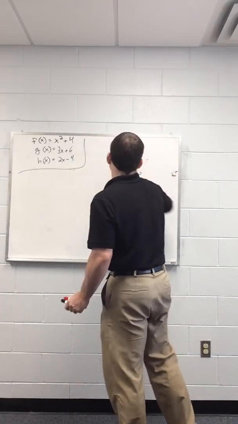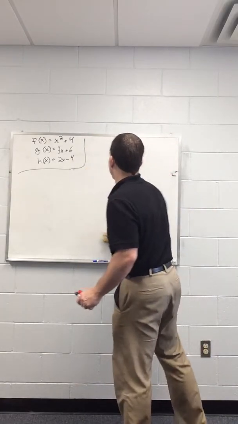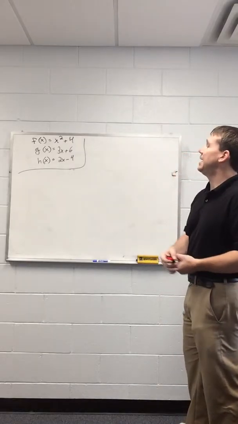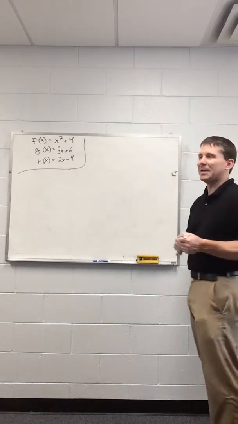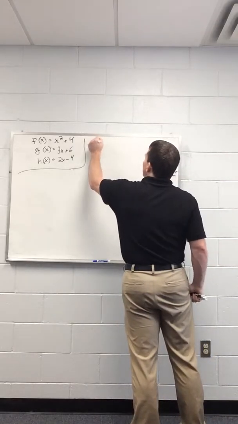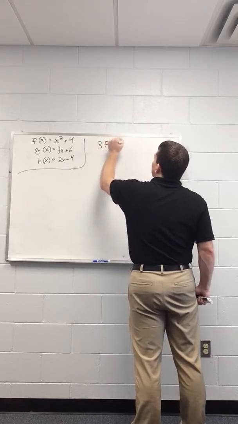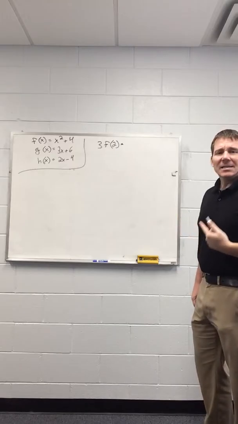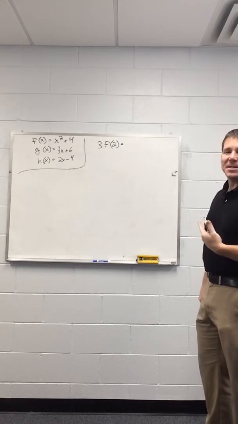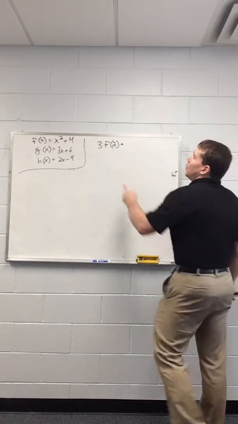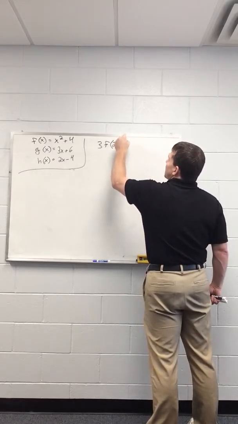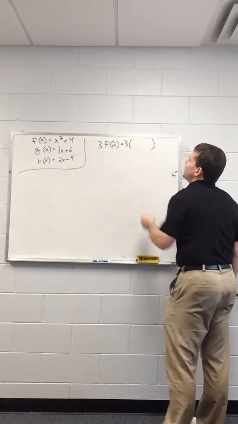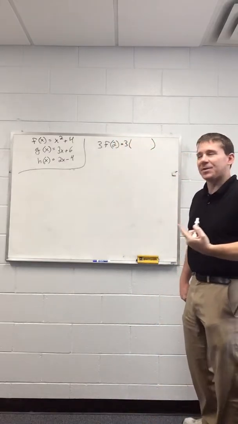One more thing we can do with this. We'll use the exact same function, so I don't have to come up with more. Once we get the idea of how this function notation works, we can kind of manipulate it. And I can do 3f of 2. But I can just do substitution here. 3f of 2 means 3 times f of 2. What is f of 2?